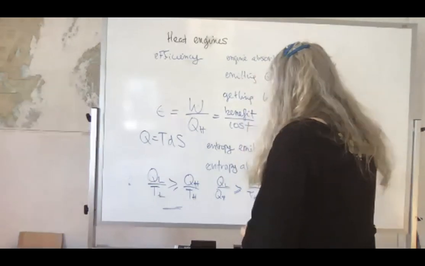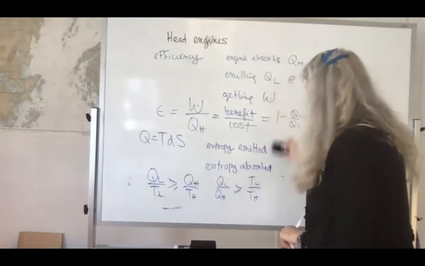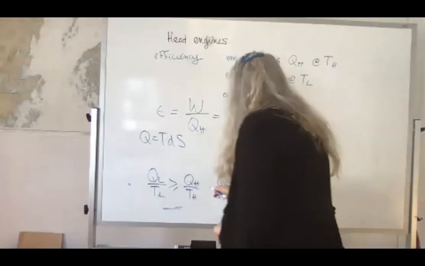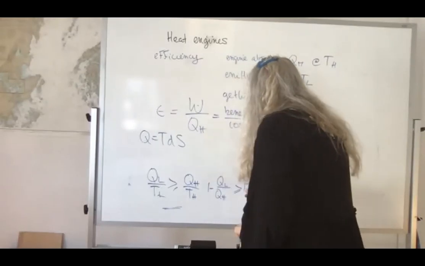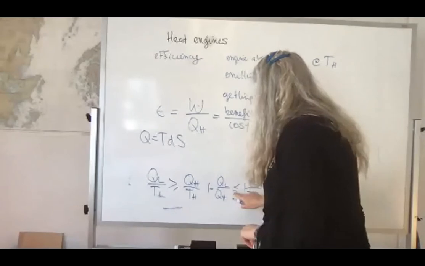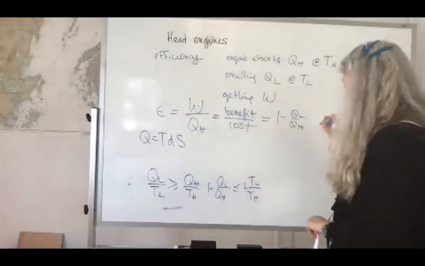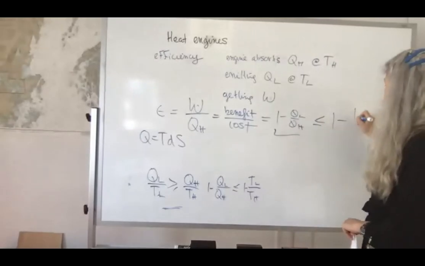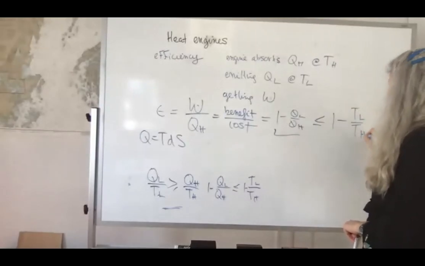And that's looking like this. So now I need to minus 1 from both sides. I'm going to do a 1 minus and a 1 minus here, and I have to flip the less than sign like this. And now this looks like that, and this is 1 minus TL over TH.